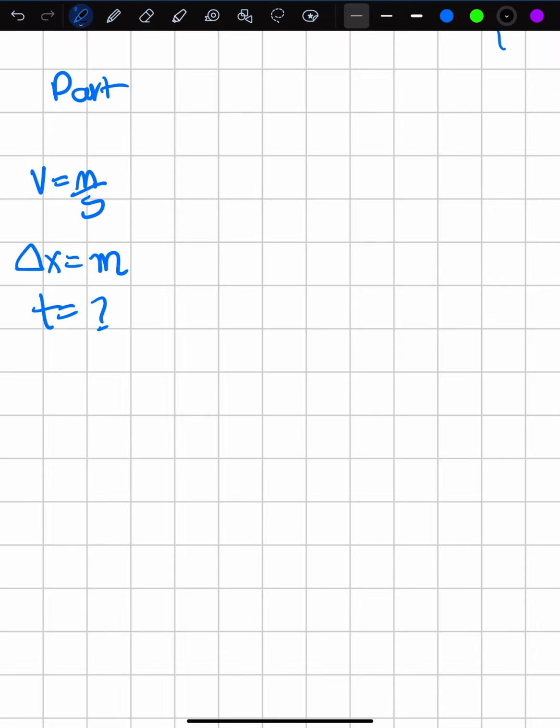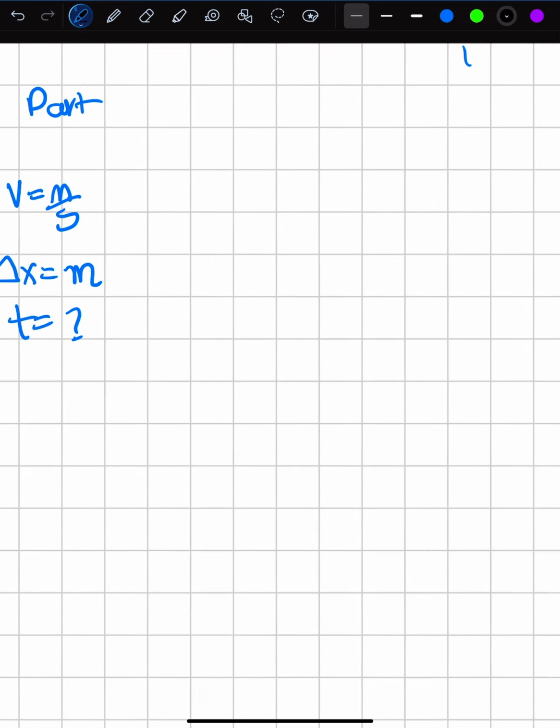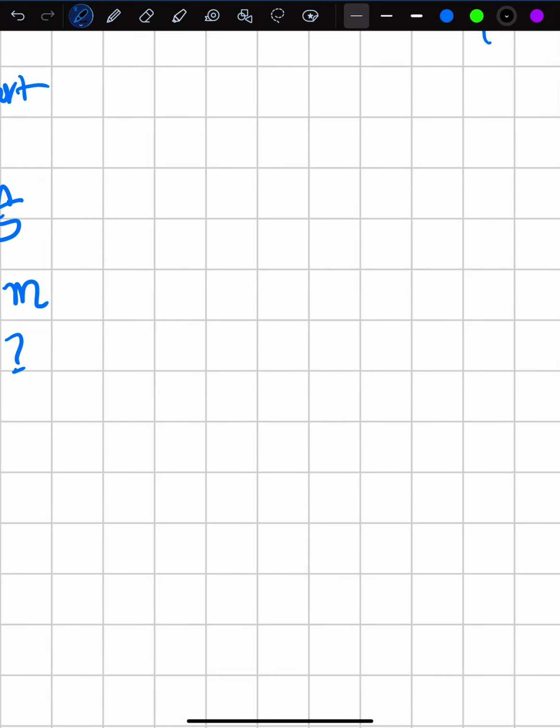Okay, so let's plug that into a formula that we used before, time equals distance over v.